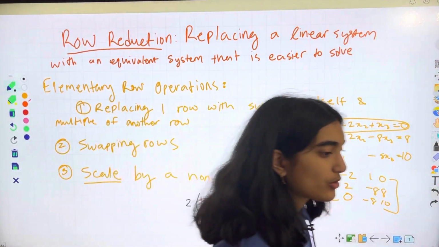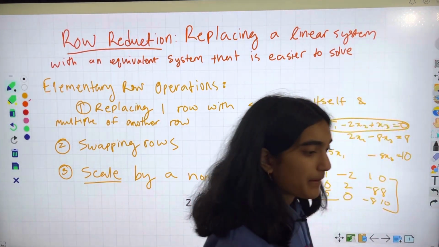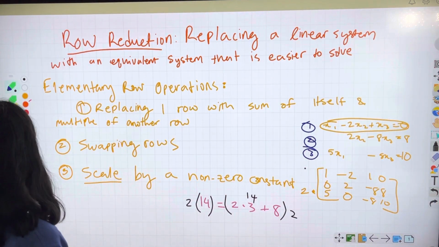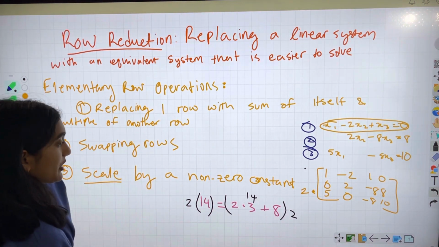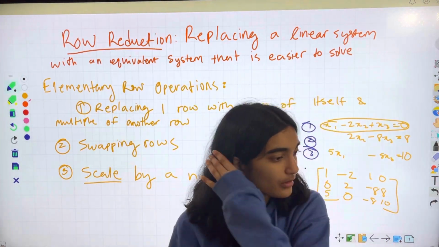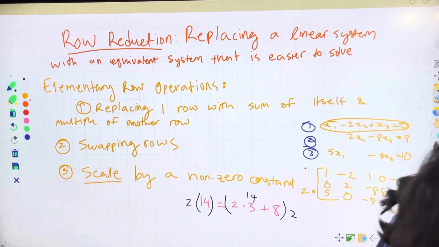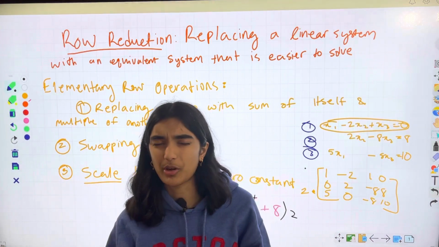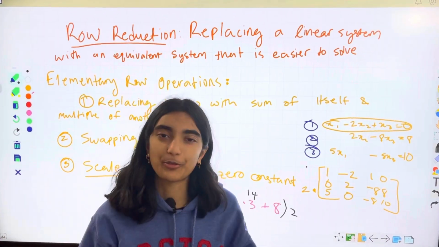Okay, so we do have steps for row reduction, which I could go through now, but there are 5 or 6 steps, so I'm going to go through them in another video, so you can look forward to that.